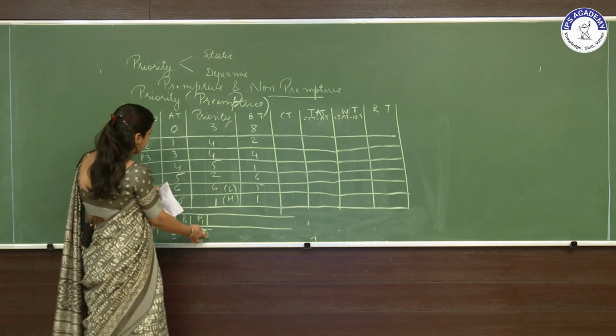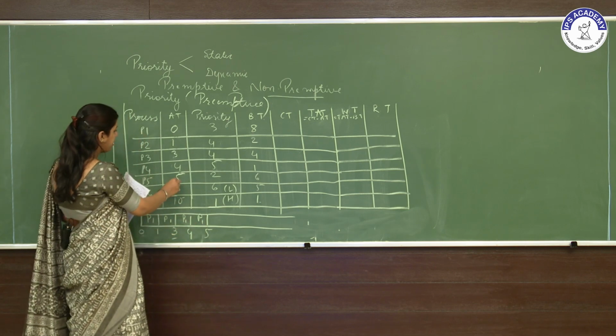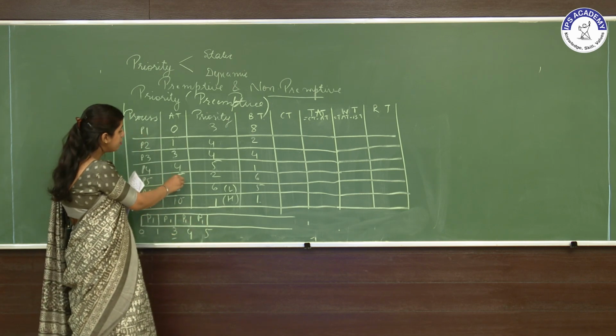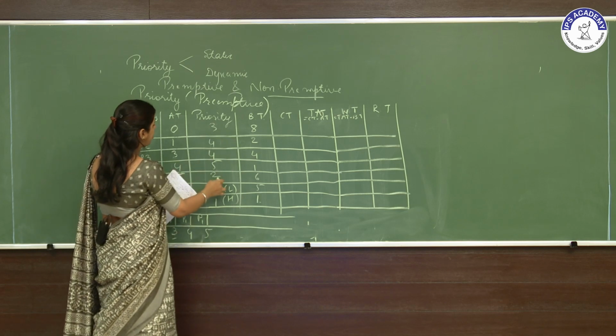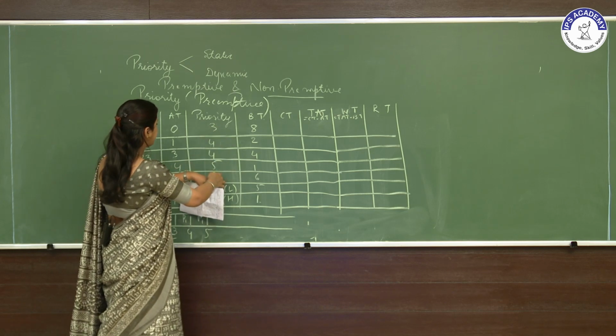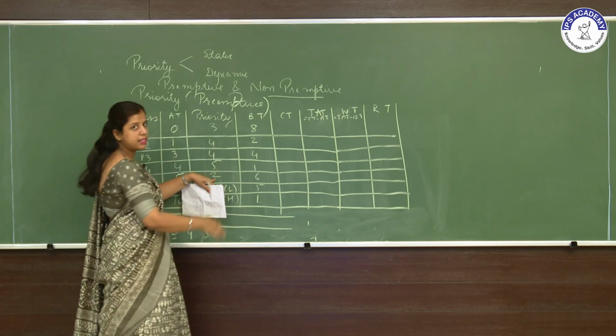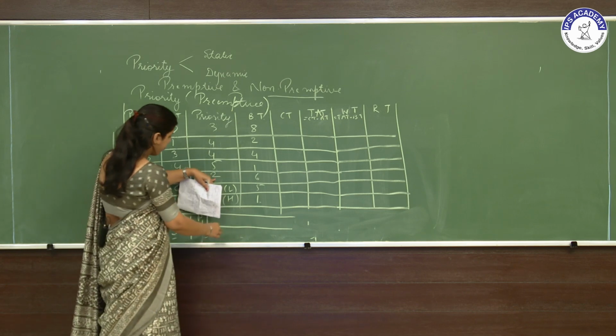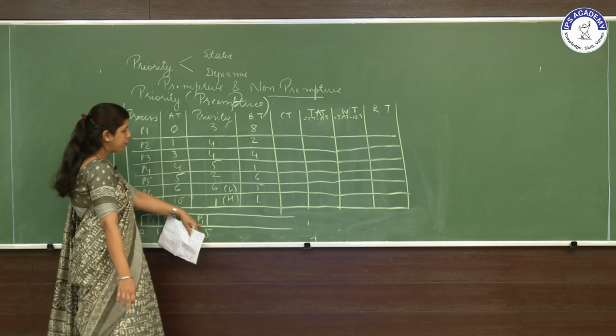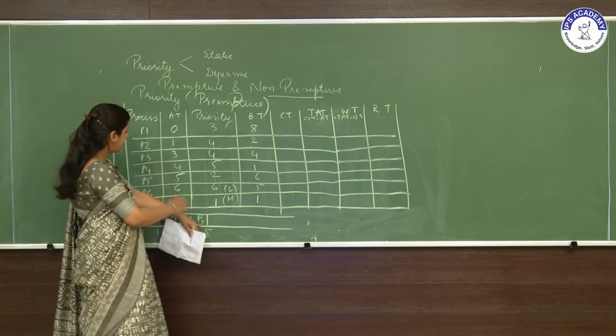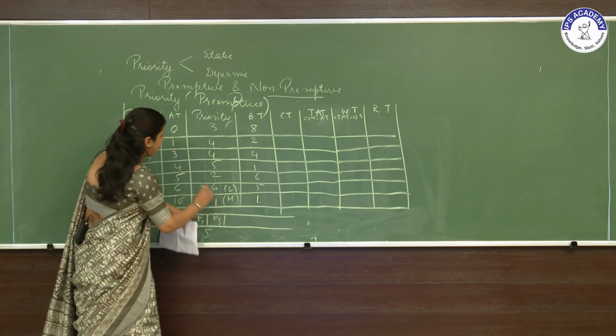At 5, which process has come into the ready queue? P5 has come. Now compare the priorities of P1 and P5. P5 has higher priority than P1, since lesser the number, higher the priority. So, we will stop allocating CPU to P1 and allocate CPU to P5.